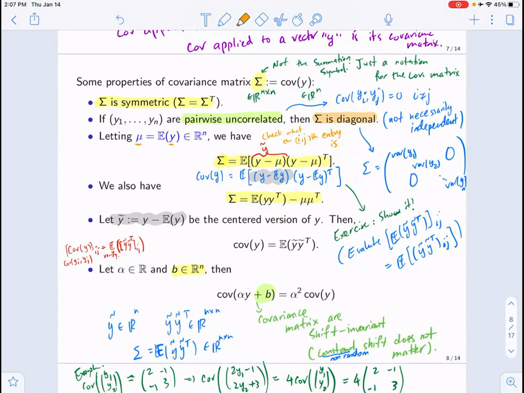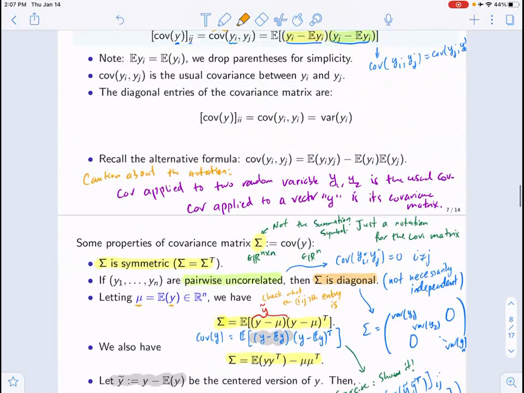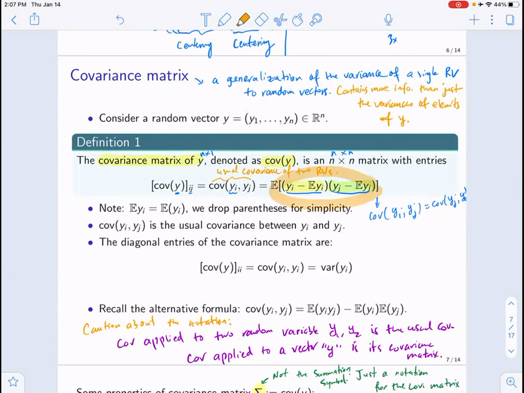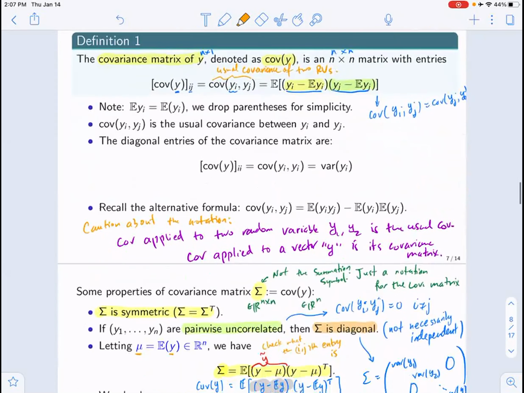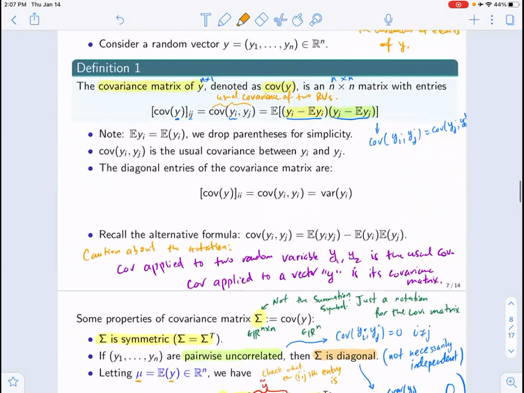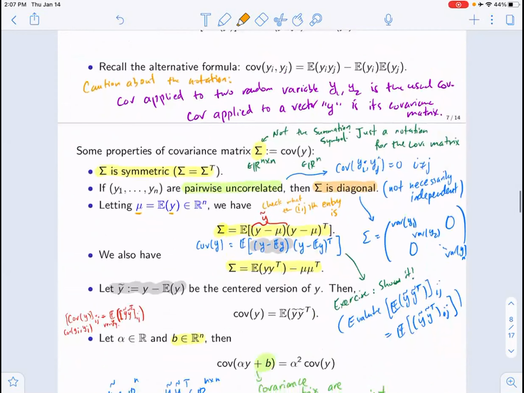And if I let mu be the expectation of y, I can have these nice expressions, either this or that, for the covariance matrix, which is the matrix version of this scalar identity. So instead of computing this pairwise, I can just compute the whole matrix in one go by forming what I call y tilde here, the centered vector y, and multiplying it with the transpose of that.